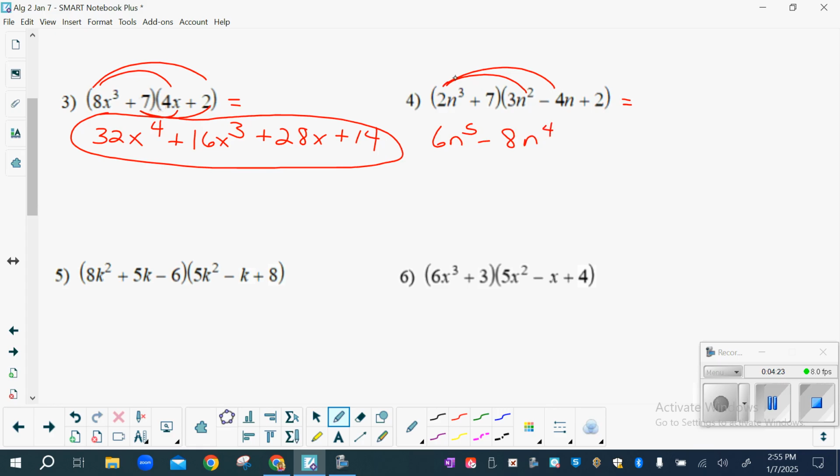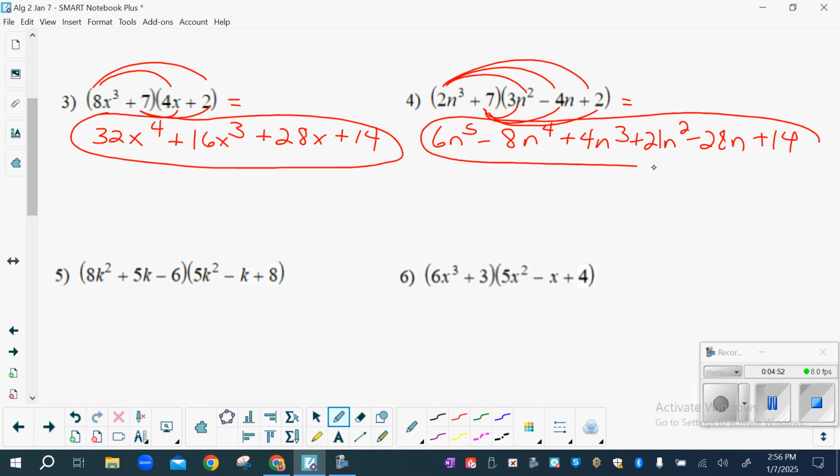Good. 4 and 3. Yep. Keep going for me. 21n squared. Good. Negative 28n. And plus 14. So no like terms again.